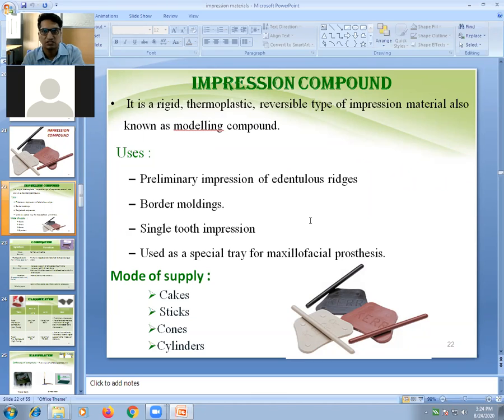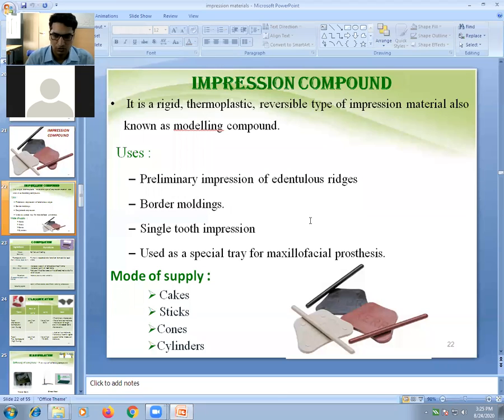It is reversible: if I put this impression compound in hot water, it softens, and if I put the same thing in cold water, it sets. So it is reversible, rigid, and thermoplastic.